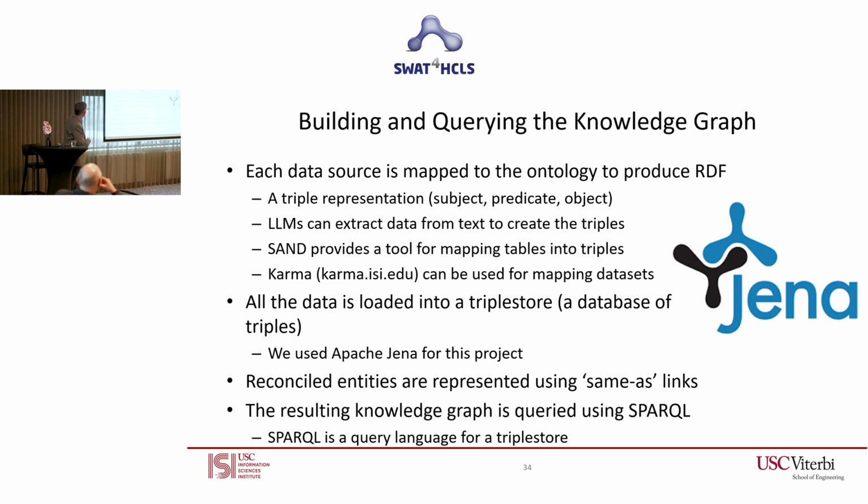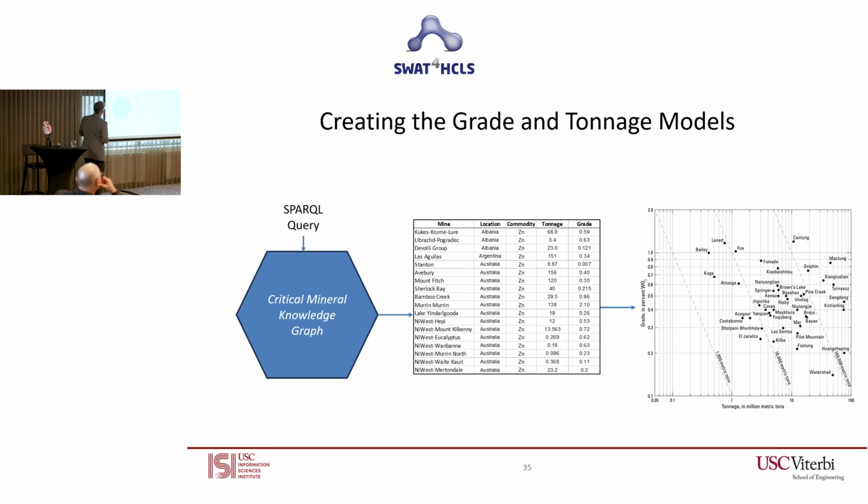So we create this critical mineral knowledge graph, and then we can do a query that says, for all the mines of a particular commodity type, give me the tonnage and grade, and then we can use that to build what's called a grade and tonnage model, which is shown on the right. Geologists are often really interested in this: for all of the mines of a given commodity and deposit type, how does the grade relate to the tonnage?